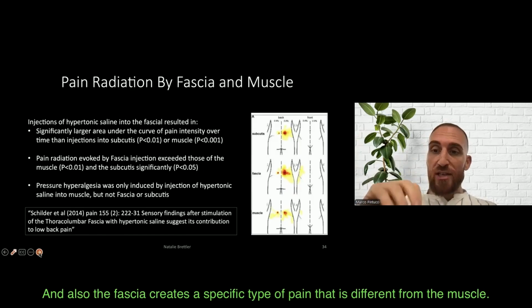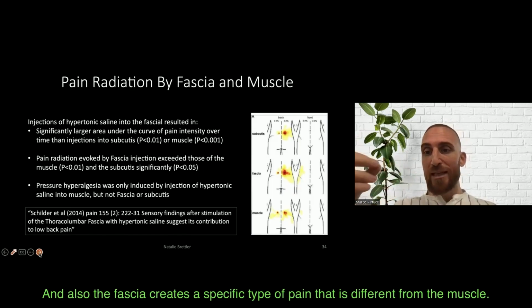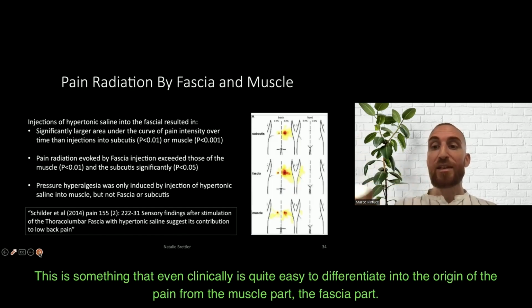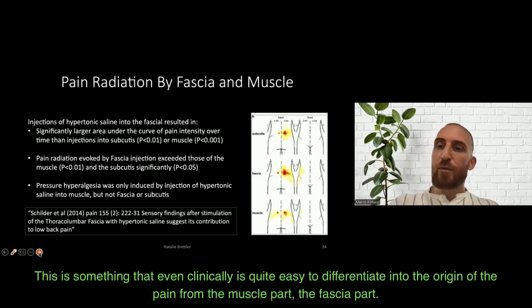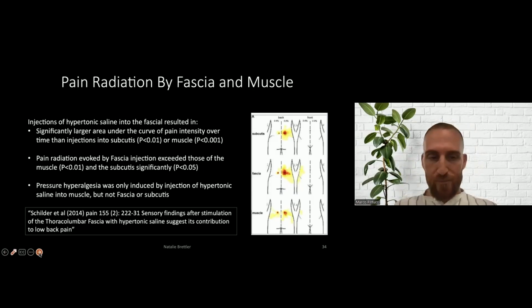And also the fascia creates a specific type of pain that is different from the muscle. This is something that even clinically is quite easy to differentiate, the origin of the pain from the muscle part or the fascial part.